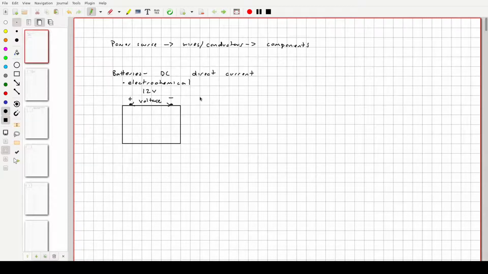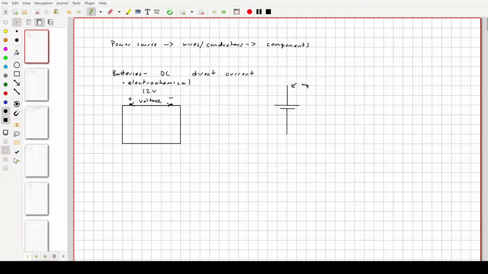Now, the symbol that you see used in an electrical circuit for a battery looks a little bit like this. You have a long bar, and then you have a shorter bar, and these bars are connected to the wires in your circuit.